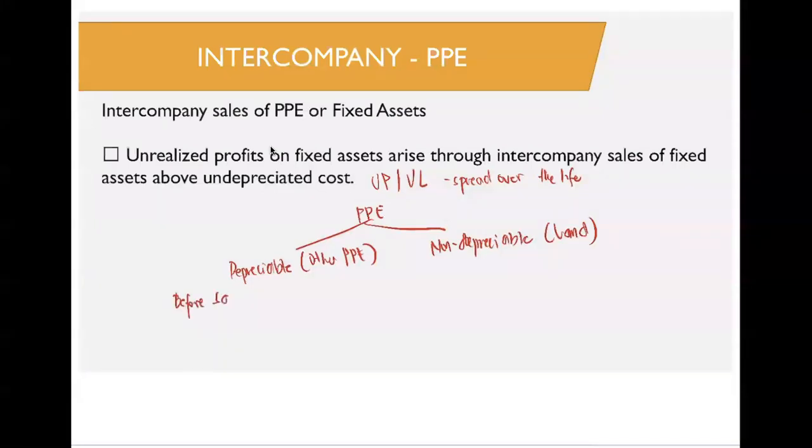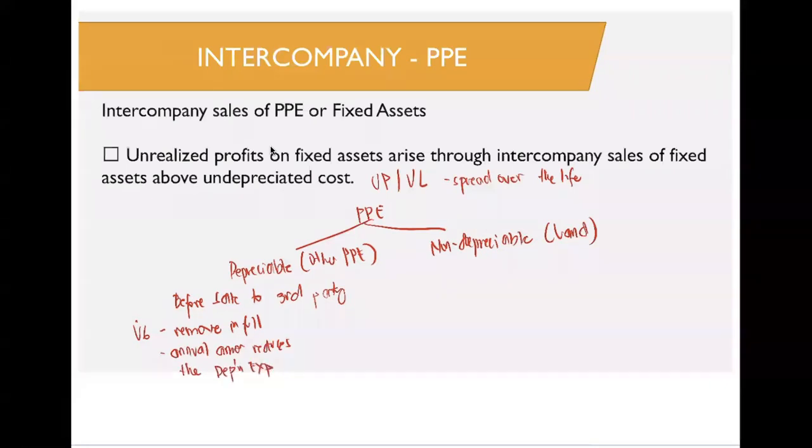Before sale to a third party, unrealized gain is removed in full, and then annual amortization reduces the depreciation expense.